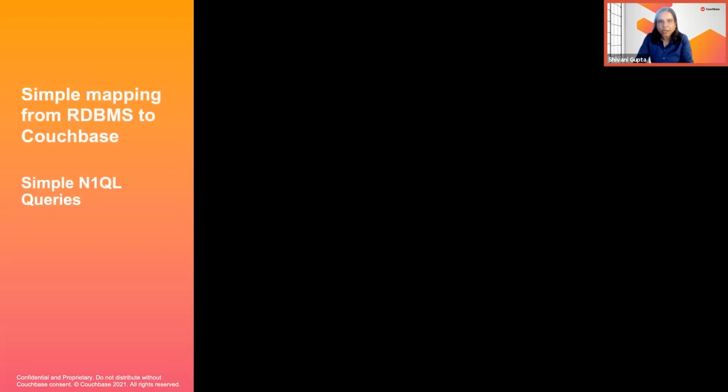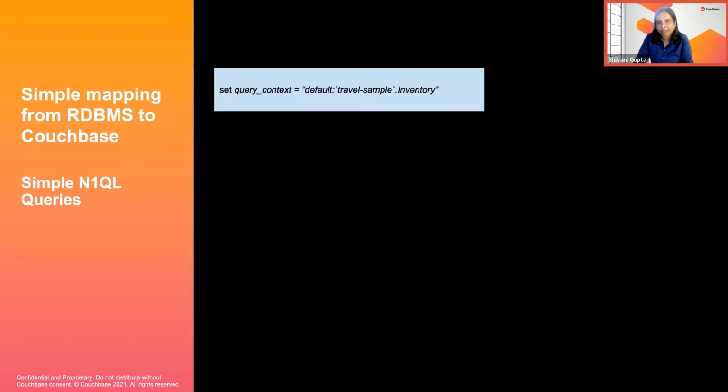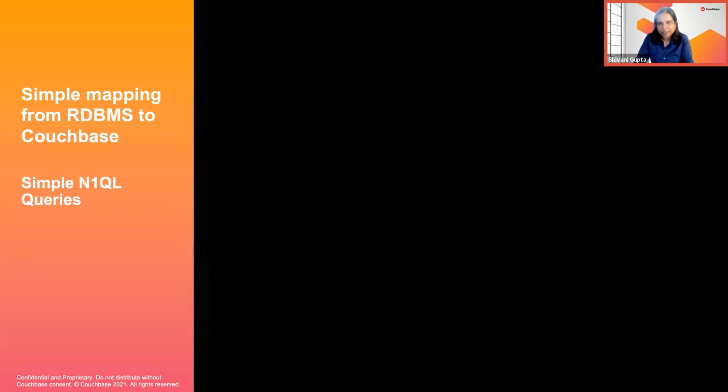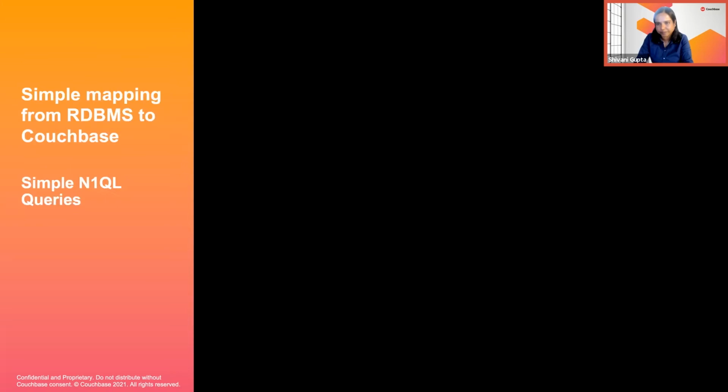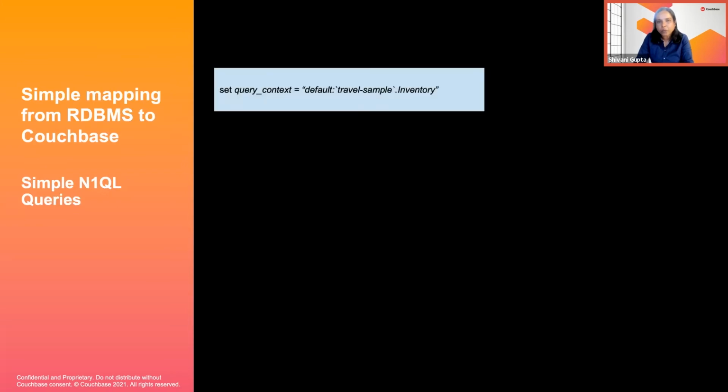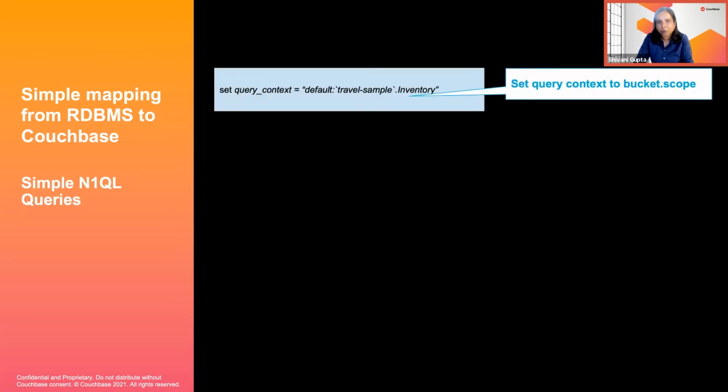So let's look at how you might work with the travel sample example we just looked at. I'm going to walk you through some queries working with the data in this sample. So first thing we do is set the query context to the bucket and scope name.